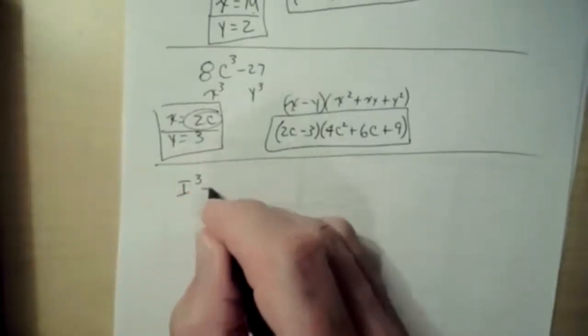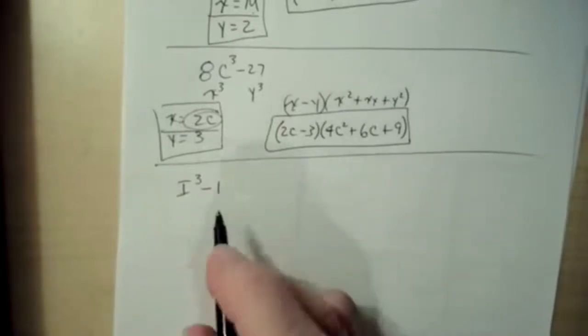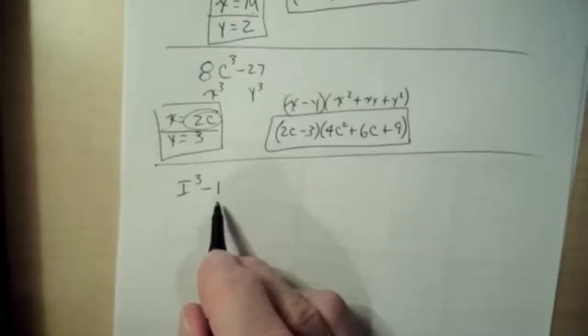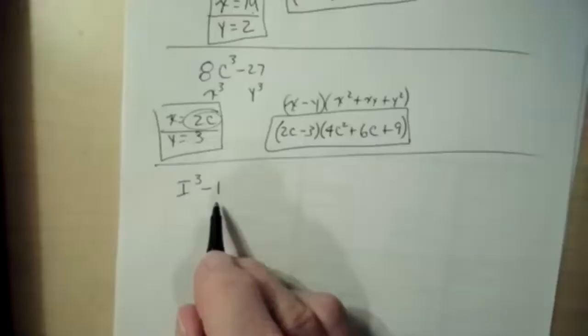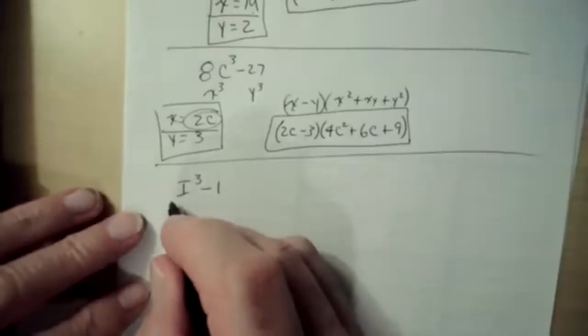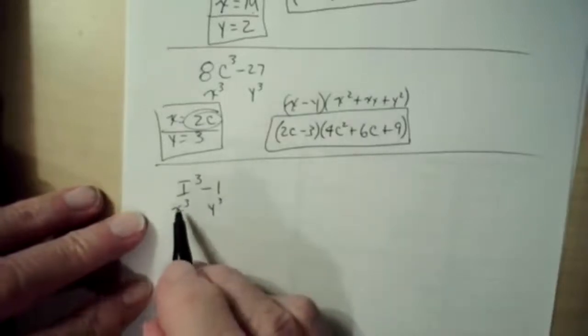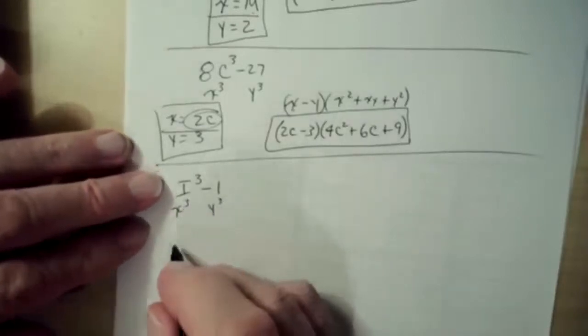Who's next? Mr. Islam? I cubed minus 1. Is 1 a perfect cube? What number times itself 3 times is 1? 1. Good.